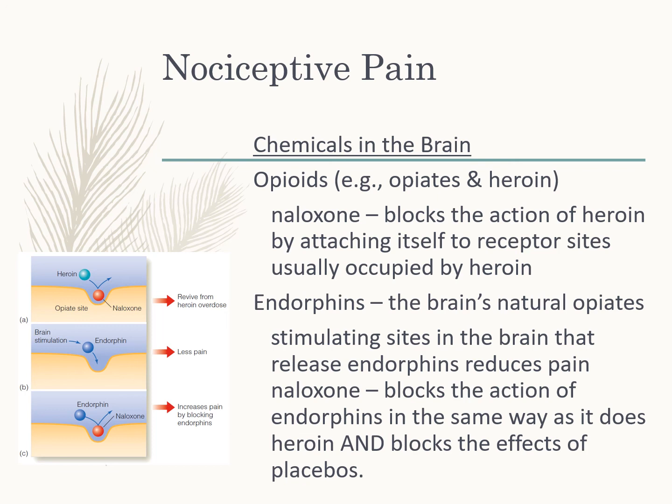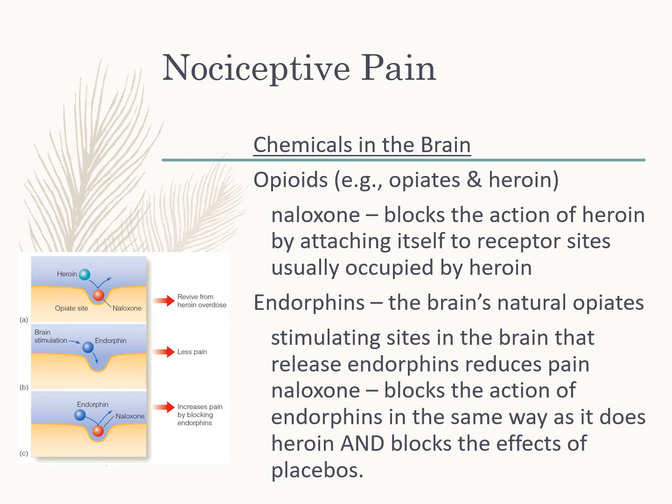And what the picture to the left is showing is that heroin can go into a receptor site in B, and that same receptor site, my endorphin can fit into those opiate receptors, as they're called. The other thing it's showing is the effects of naloxone.